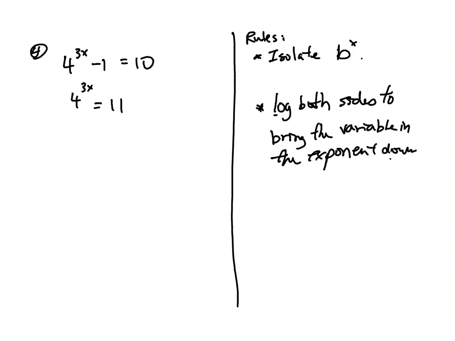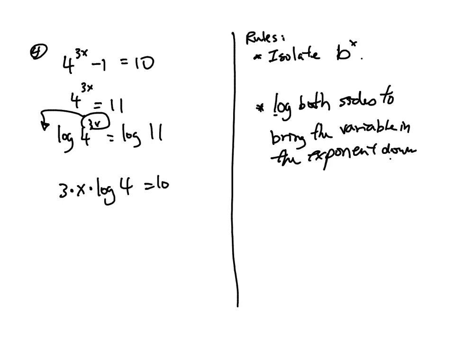So you look at the example. Once you take a log of both sides, the 3x can be put in the front, like 3 times x times log of 4 equal log of 11. So from here, we're going to solve for x.